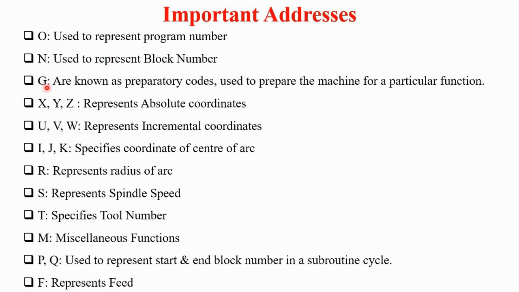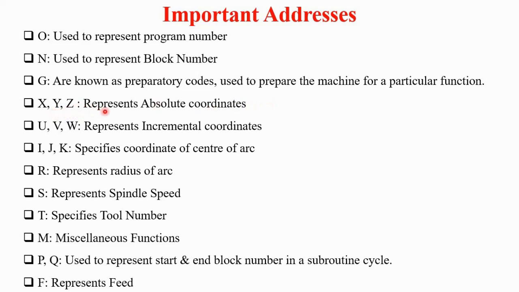Then G are the preparatory functions. They are known as preparatory codes, used to prepare the machine for a particular function. So there are preparatory functions, G codes, that we have to use in these CNC programs.